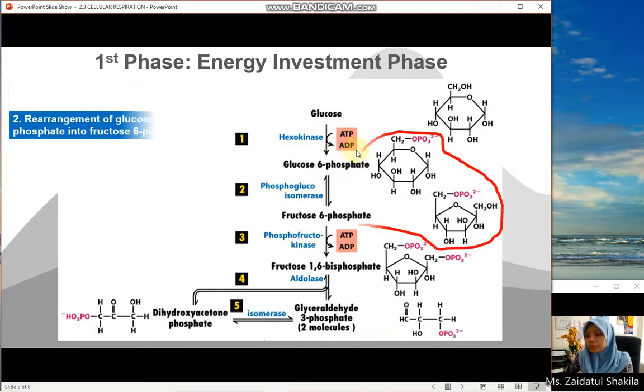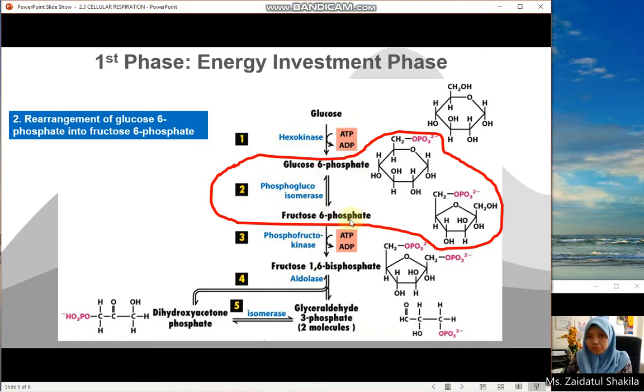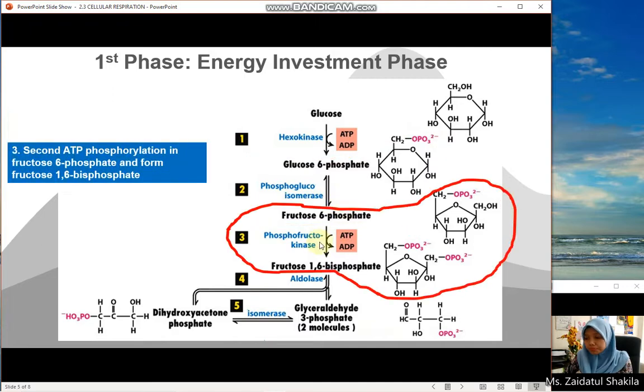Step number 2: glucose 6-phosphate is converted into its isomer, which is fructose 6-phosphate. This reaction is catalyzed by the phosphoglucoisomerase enzyme. Then step number 3: fructose 6-phosphate is converted into fructose 1,6-bisphosphate, and this reaction is catalyzed by phosphofructokinase, another kinase.